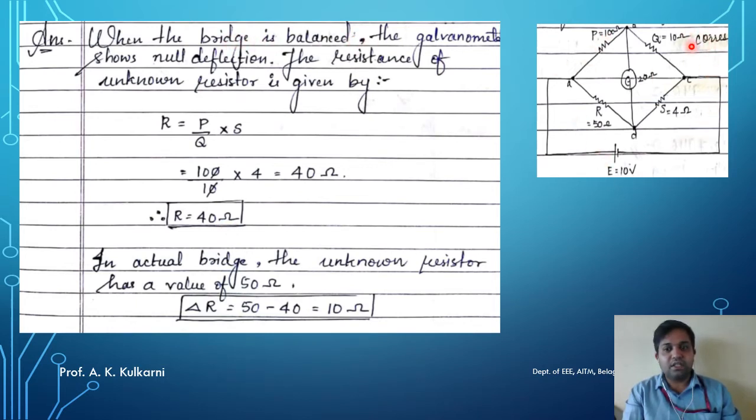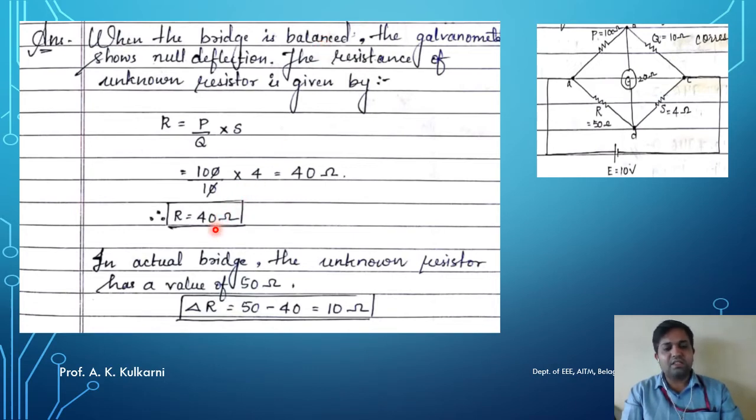These data are given for the unbalanced condition. Is it clear? According to that, we need to find the change in resistance, which is delta R. As we know, R plus delta R is the total unknown resistance. We calculated the unknown resistance R equal to 40 ohm for the balanced condition.